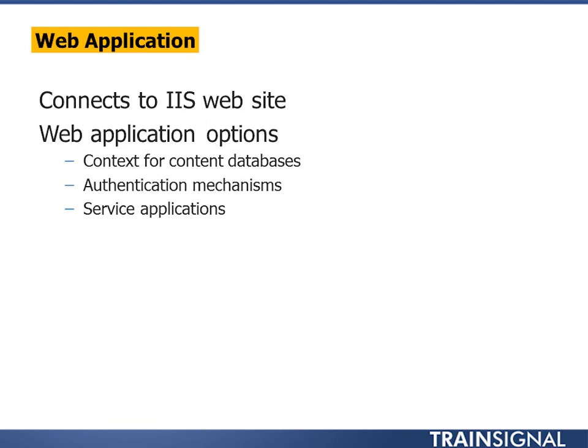I may have in one farm two separate web applications, one for my R&D team and then one for the rest of the environment. And one of the rules that we may have about R&D is I need to be very careful about where that data could potentially be accessed from. So I might decide, for search purposes, I want to create two separate installations of search.